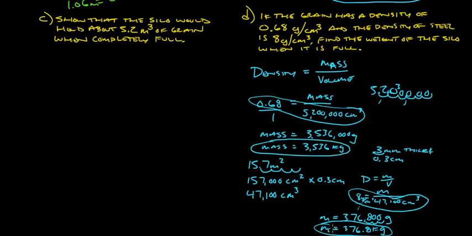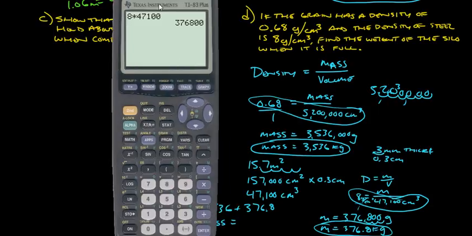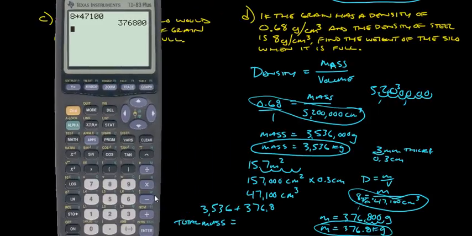So we have this mass here, and we have this mass here. This is the grain, this is the silo, so we just got to add those two together. Isn't this fun? This is a long, complicated problem, but man, you figure this out and you've got it all figured out.